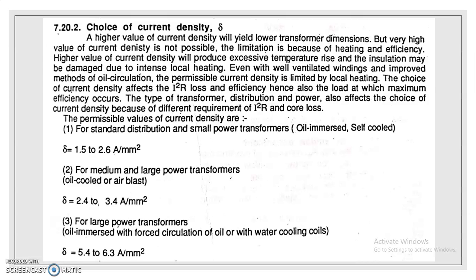For medium and large power transformers that are oil cooled or air blast, delta we have to choose between 2.4 to 3.4 ampere per mm square. And for large power transformers, if oil immersed with forced circulation of oil or with water cooling coils, then delta we have to choose between 5.4 to 6.3 ampere per mm square.